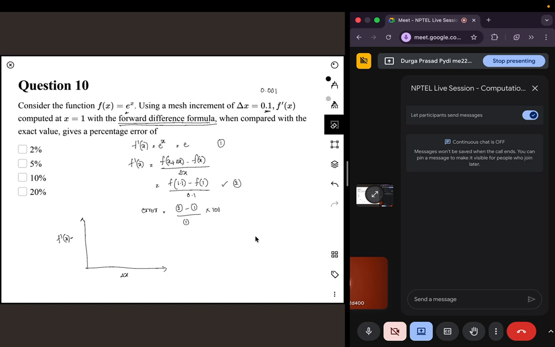Or let's just plot the error. What we would expect when we are using forward difference is a linear plot, so we should expect a straight line. Obviously at delta x equal to 0, the error should be 0, but it will not go till there, because as delta x becomes smaller and smaller, round-off errors will also come into the picture, which are not shown here. But the idea is that the error should go linearly with delta x.